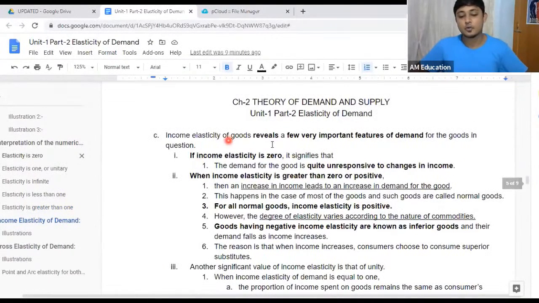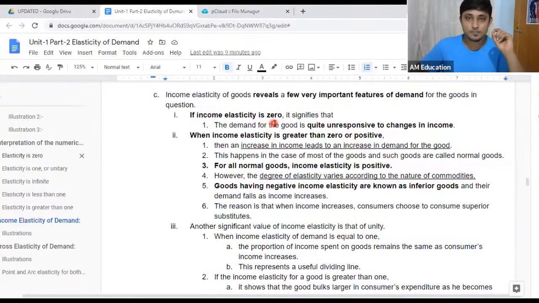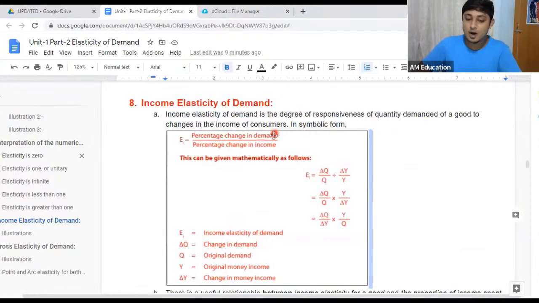See, income elasticity of a good reveals a few very important features of demand for the good in question. What is it saying? That if income elasticity is zero, right? Income elasticity is zero means the percentage change in demand is zero by the percentage change in income.